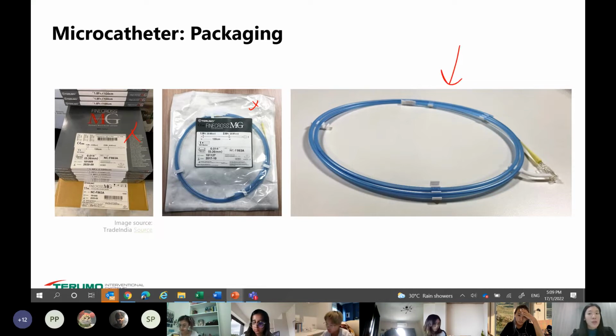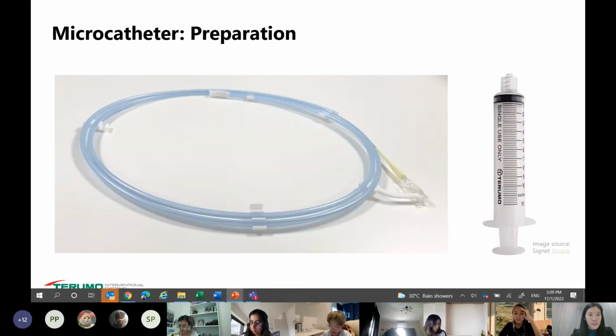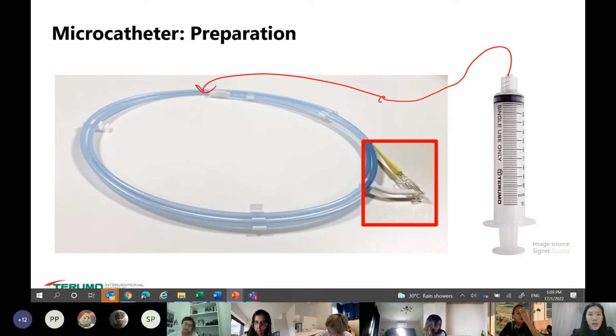The only sterile thing is the holder tube, which contains the microcatheter. For preparation, attach this to the holder tube to flush if it's hydrophilic, and we can also attach it to the hub to flush the insides to make sure that no air is introduced into your vessel.